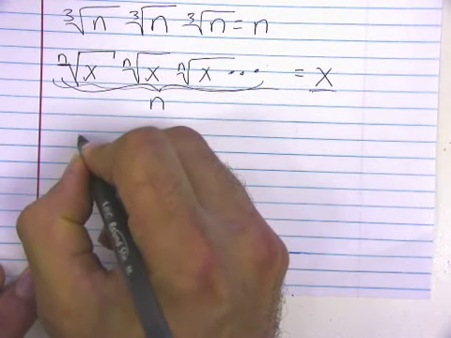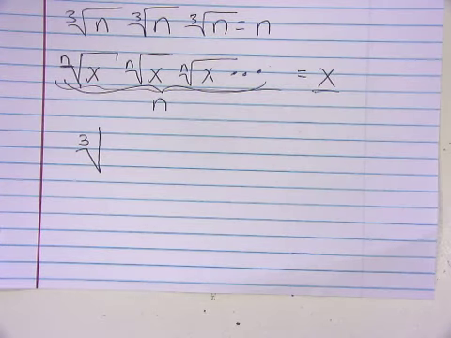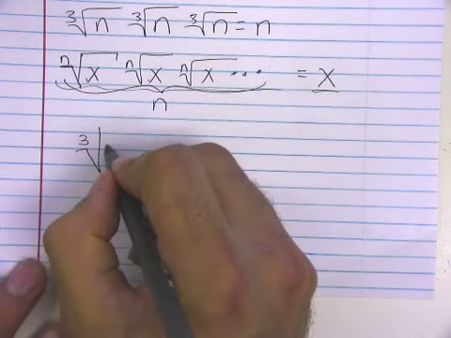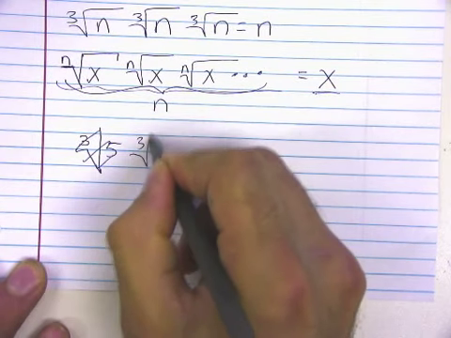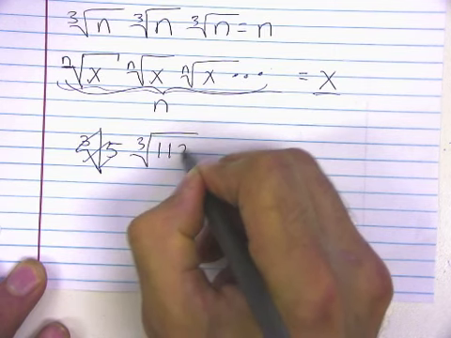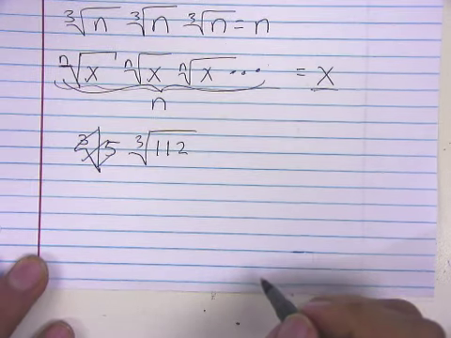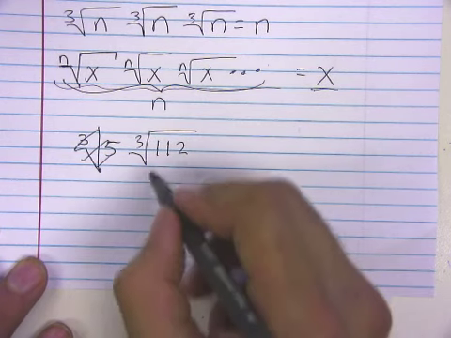Let's say I'm asking you to find the third root of, I don't know, 56, for example. Let's not do 56. Let's do the third root of 112. All right. Well, 112. Let's see. I know it's not a perfect root, so now I've got this kind of a weird thing happening.